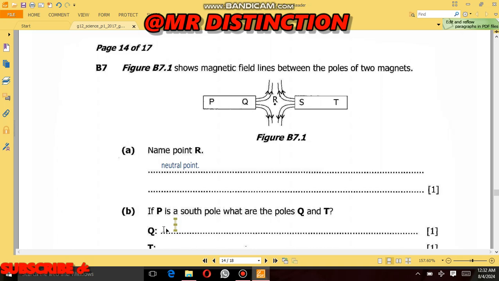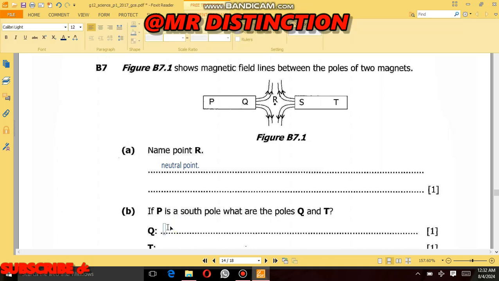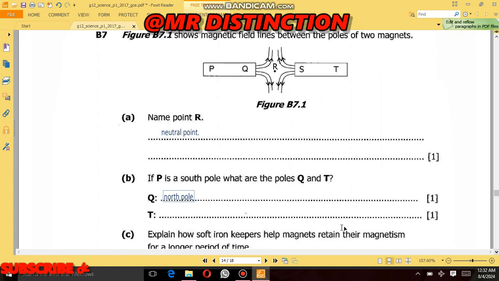So the answer for this question is north pole. That was the answer for Q. What about for T?